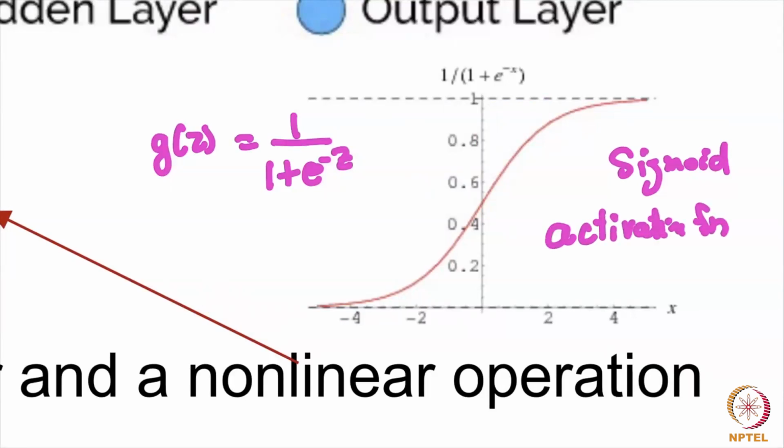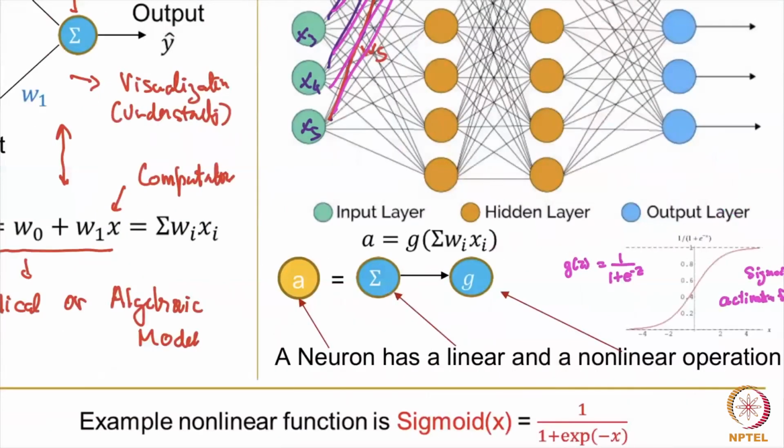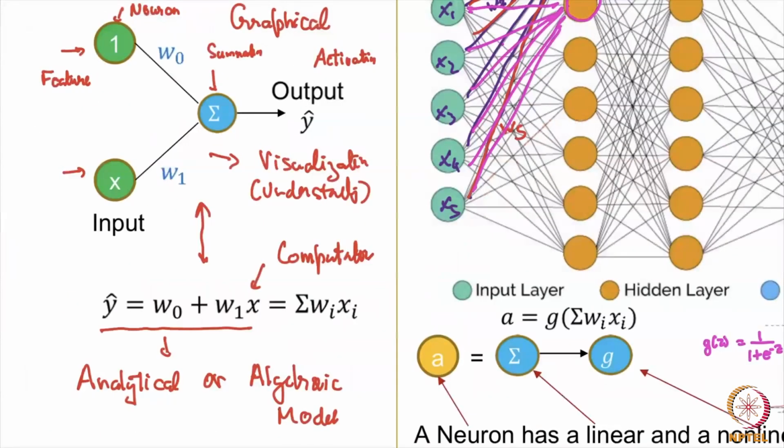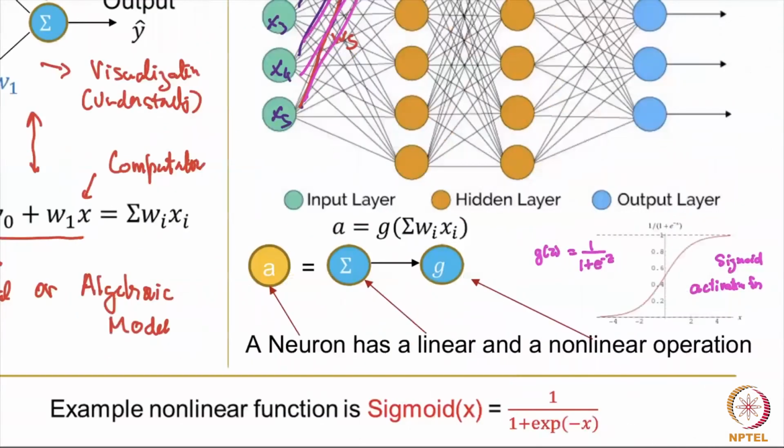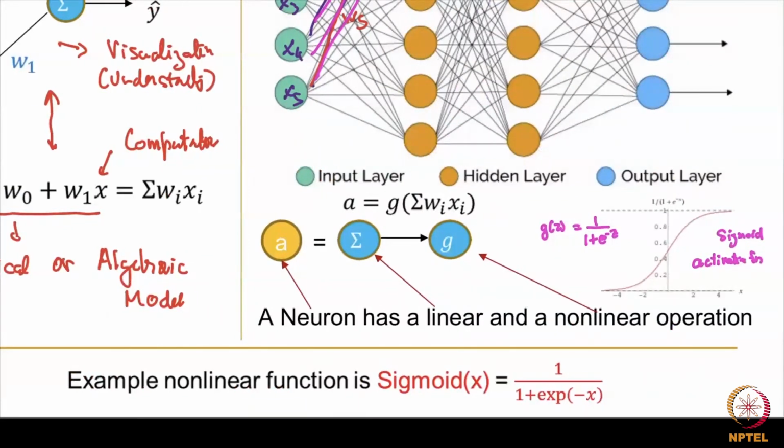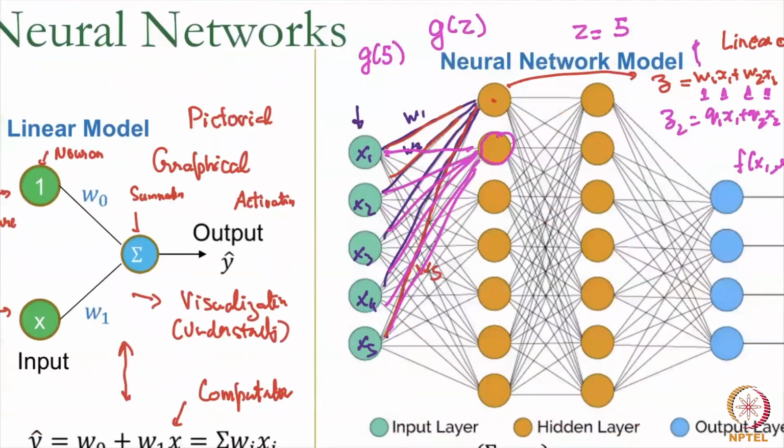But basically, mathematically, all that activation function is on the simple linear model. Remember, if you had multiple inputs, all those would have added up. On the simple linear model, all you do is you put a function of this sort. That's it. So you take a linear combination. So add all these up, come here, put some nonlinear function. Suppose that nonlinear function was z square, then g of z would have become 25.